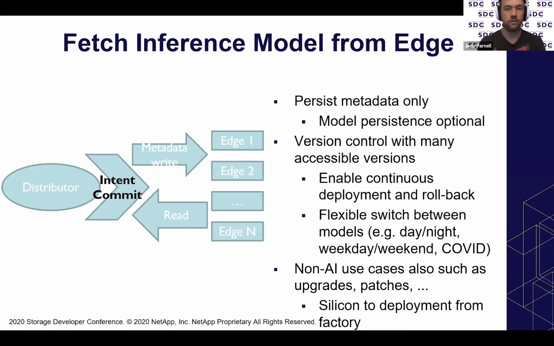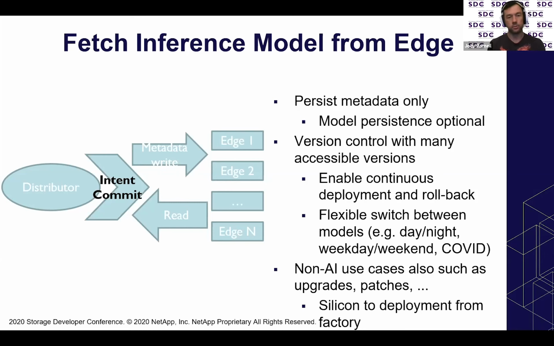So what we have here is, we're persisting on each edge device the location of the model, not the model contents itself. And then the edge device can fetch the inference data and store it in memory, and it can actually have several different versions of inference data over time, persisting the locations to several of these inference models, and it can load them in dynamically.